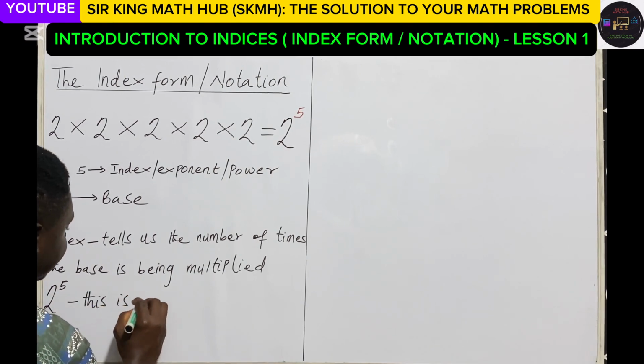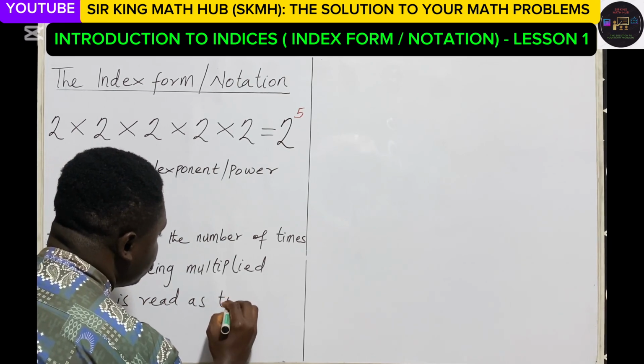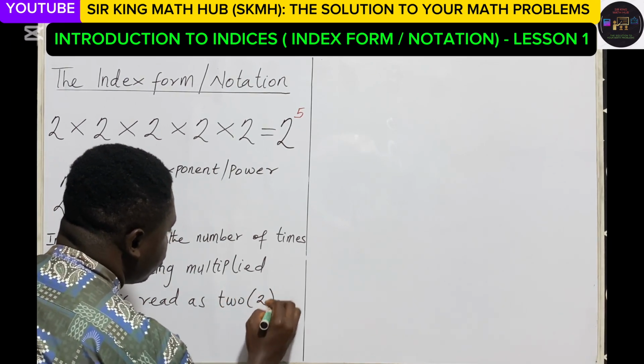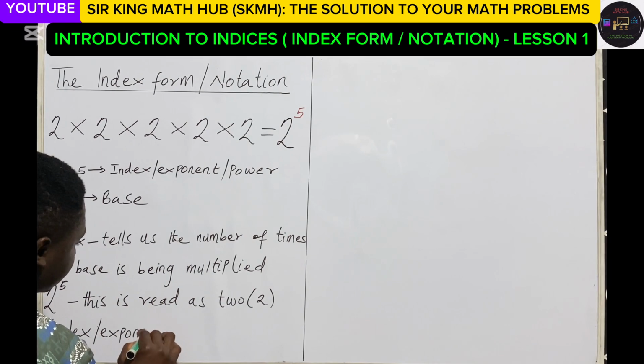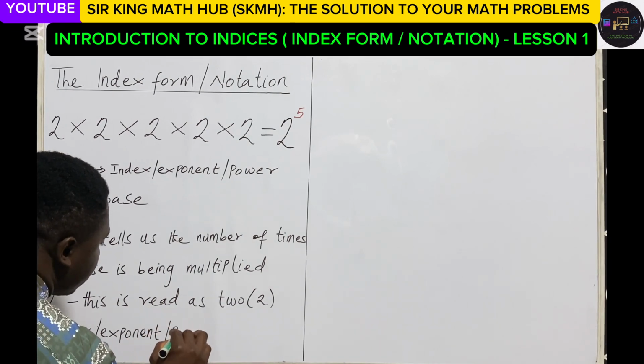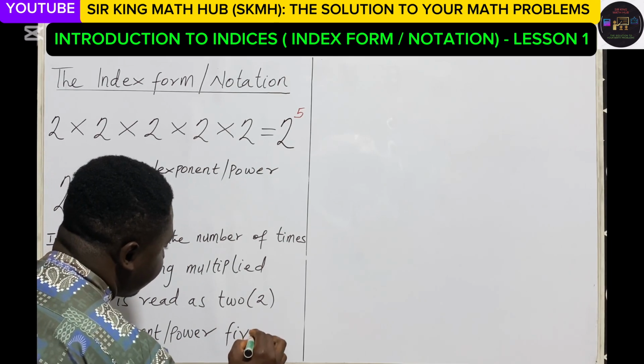This is read as 2 index, exponent, or power 5.